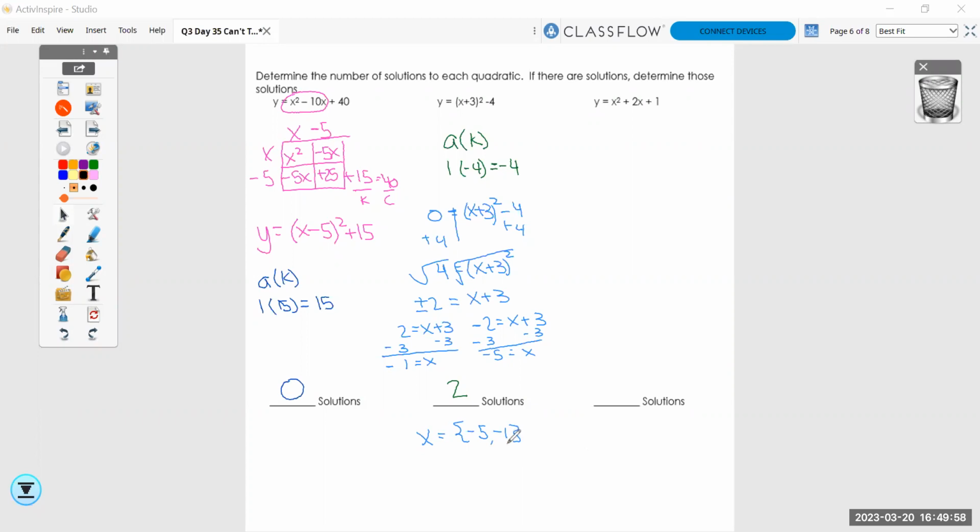Okay, finally, the last one, we have an equation written in standard form. So I am going to have to turn it into vertex form in order to do this. So I'm going to make my box.